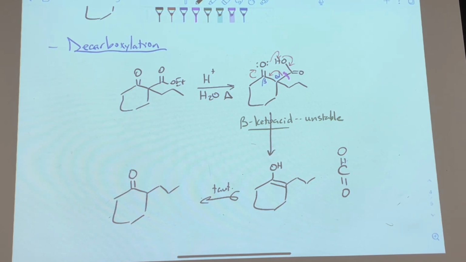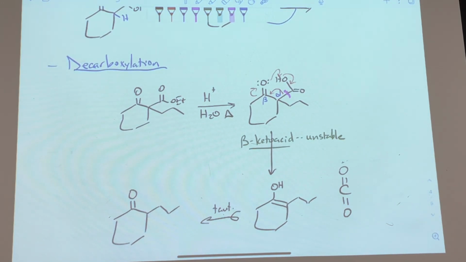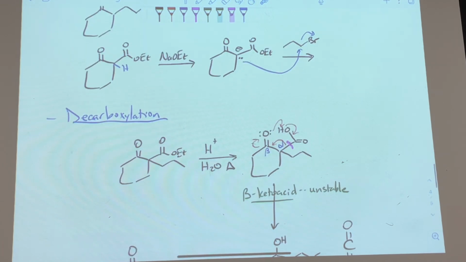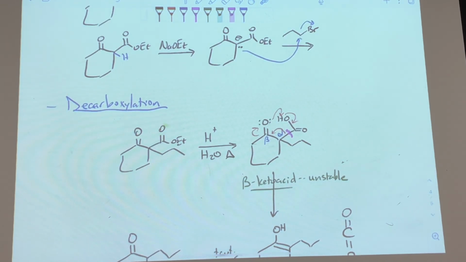So it's a very handy way of, we can easily make these beta keto esters through the Claisen, through Dieckmann. It gives you a highly activated proton that's easily deprotonated. You can add all sorts of stuff to this position through SN2 chemistry. Then if you want to, you don't have to keep that ester around.